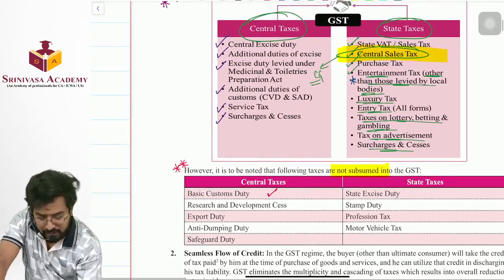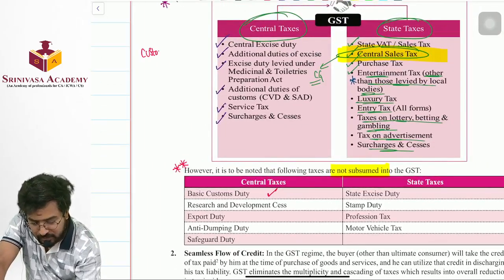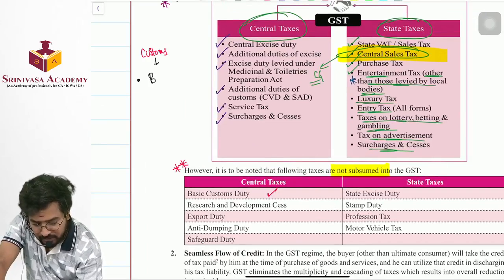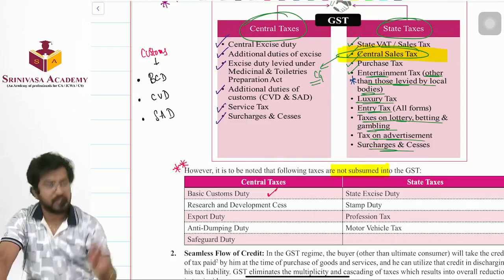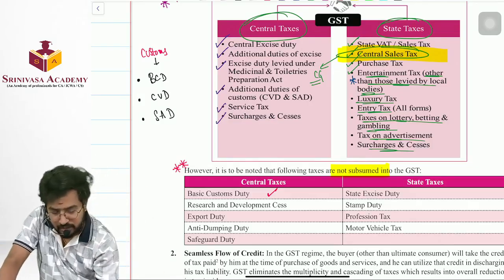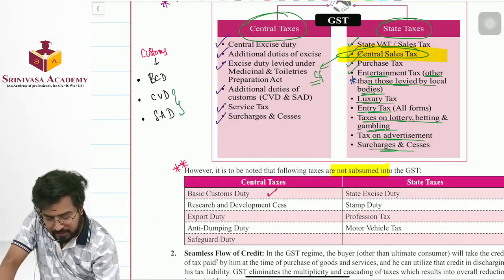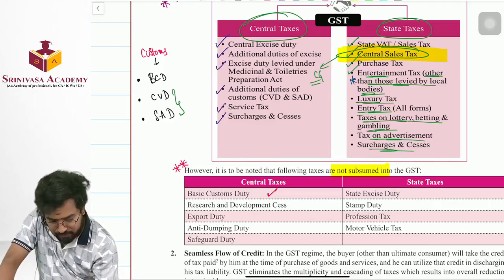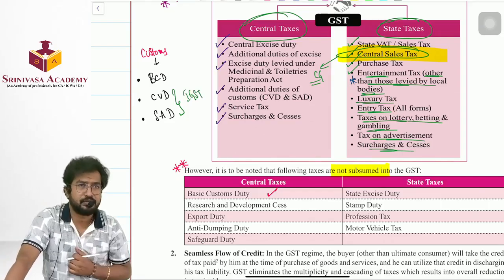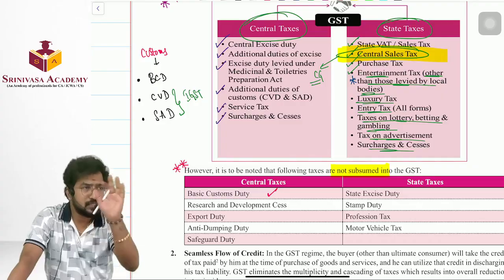Customs duty has three things: basic customs duty, countervailing duty, and special countervailing duty or special additional duty. In this, CVD and special additional duty are subsumed and we are charging IGST instead of that. But basic customs duty is still there.